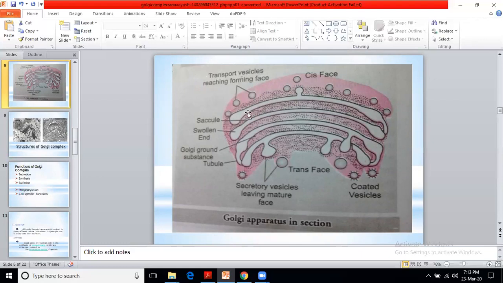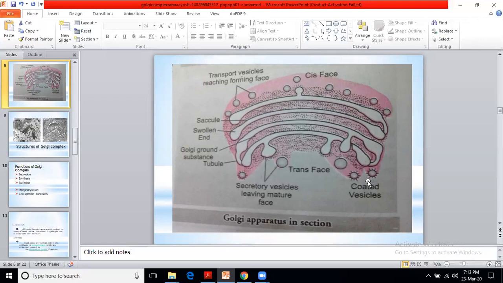These are the cisternae, the saucer shape. And these are the secretory vesicles. These are the coated vesicles, means these are the clathrin coated vesicles.